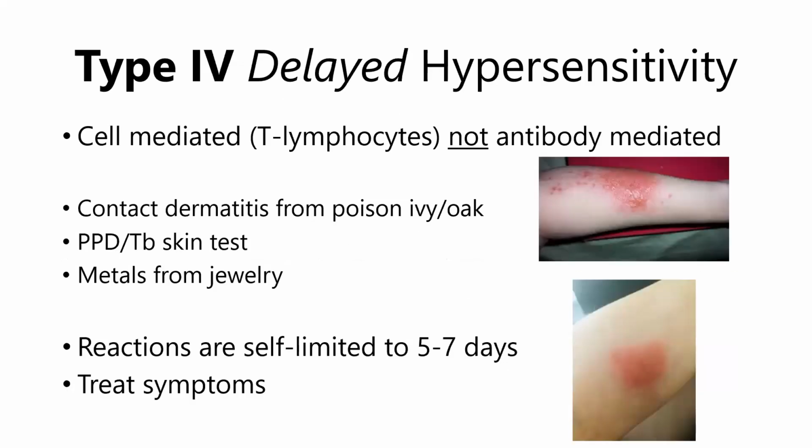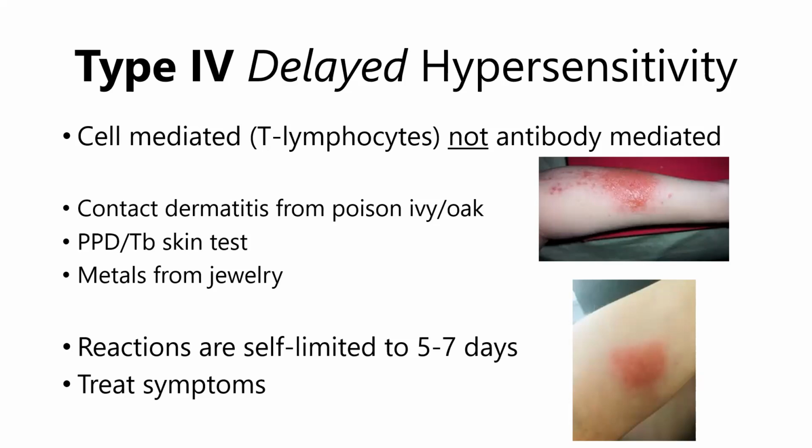Type 4, delayed reactions. Hypersensitivity is cell-mediated. Now, think of the person who would have a reaction to PPD TB skin test. That is the bottom picture. That is an abnormal reaction to a TB skin test.